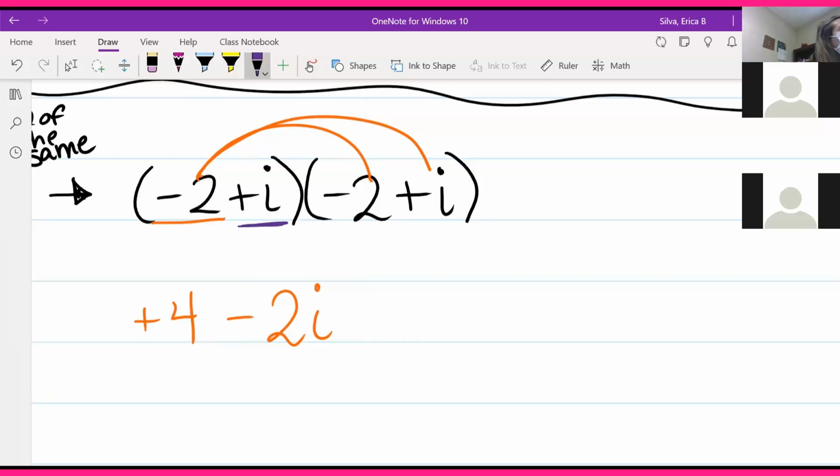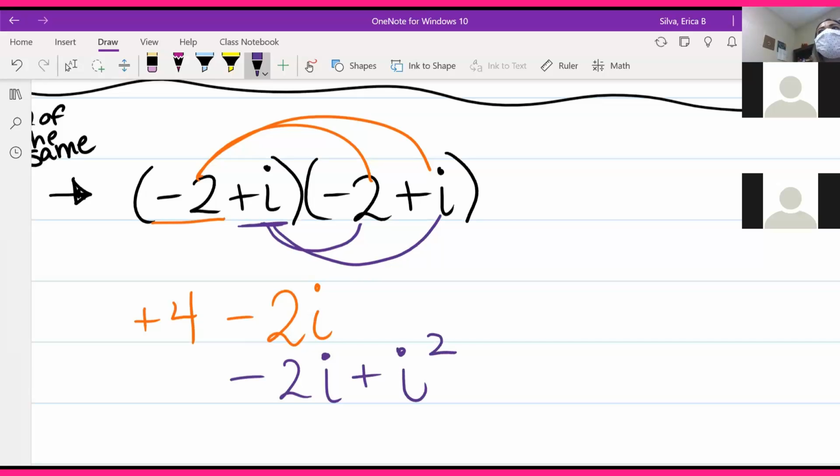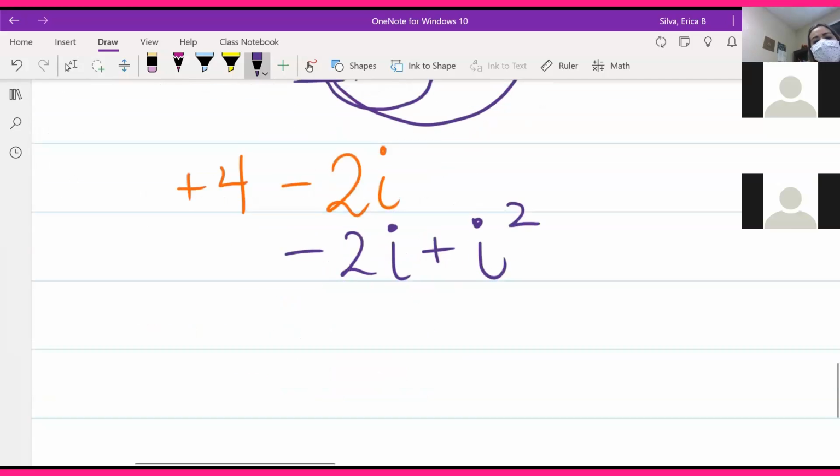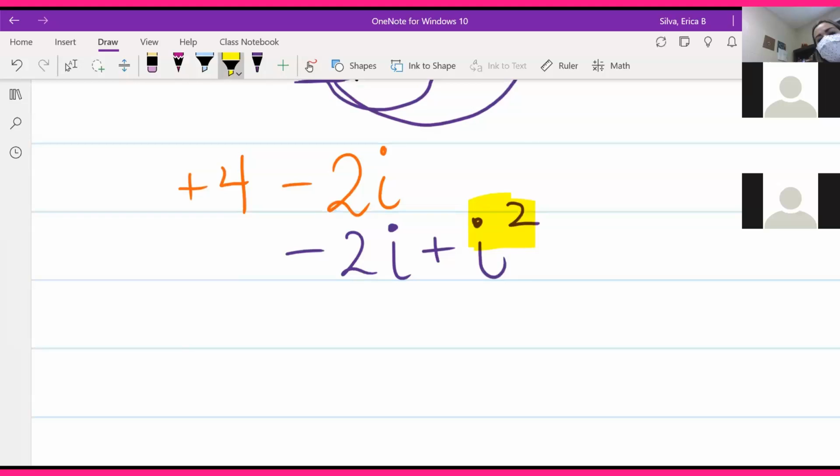Same thing with the second term, or my imaginary number. We do i times negative 2 is negative 2i. i times i is i squared. We look for my i squared. Here's my i squared. That's equal to negative 1. Notice how the i right now doesn't have an actual coefficient, but it really does, right?